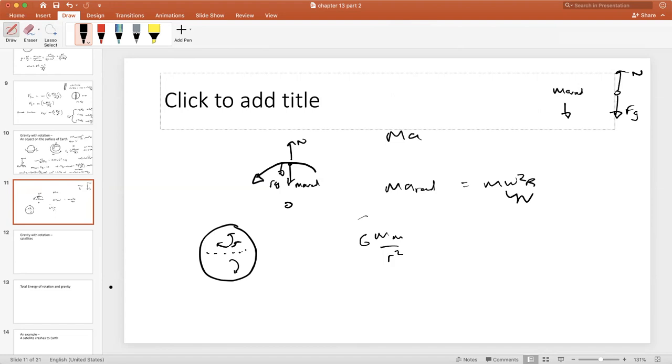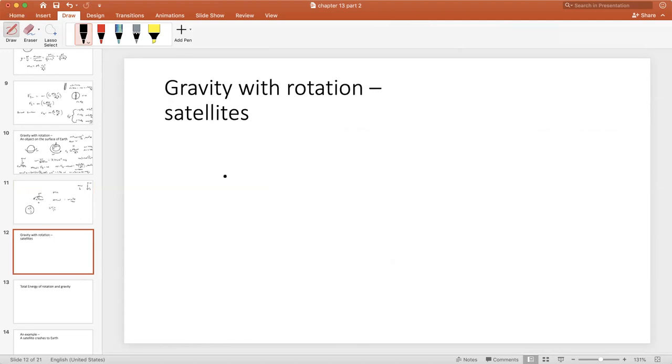In general, at the surface of the Earth, we don't really need to worry about it. So from that principle, we can develop another principle, and that is that a satellite that's sending you your TV at home is rotating at a distance r of the Earth plus r above the Earth.